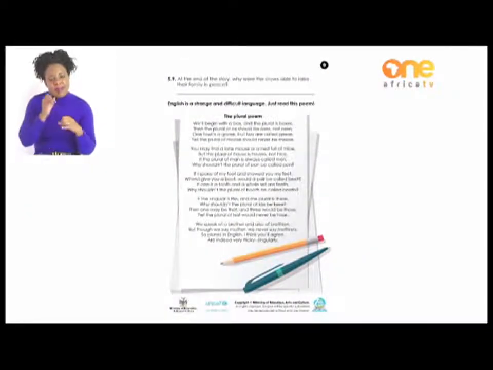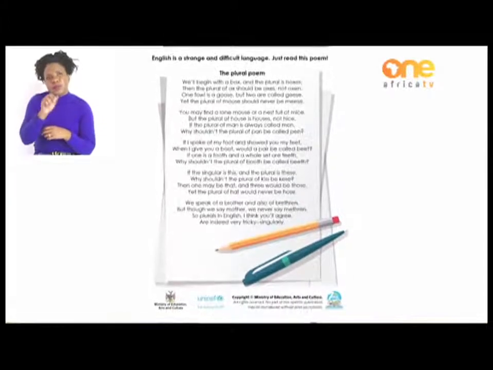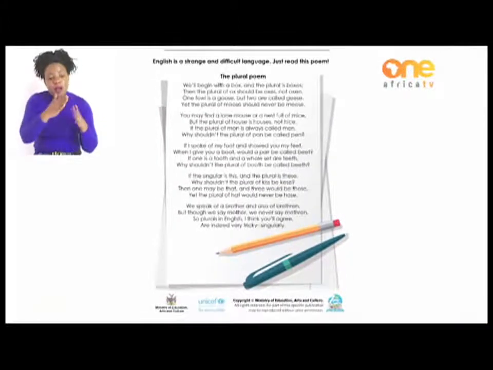The last part of our lesson is just a funny plural poem. We'll begin with a box, and the plural is boxes. Then the plural of ox should be oxes, not oxen. One fowl is a goose, but 2 are called geese.